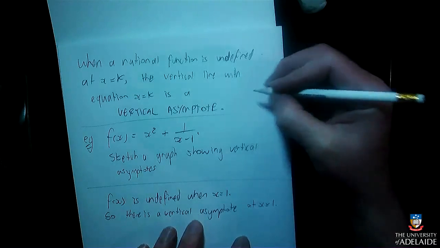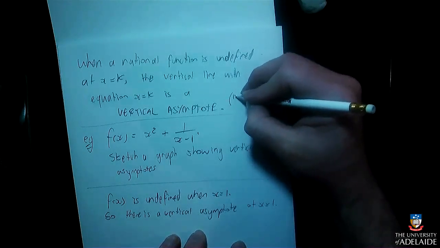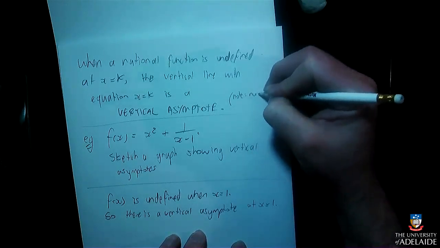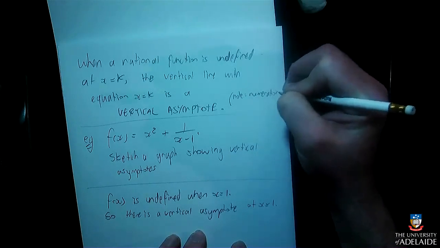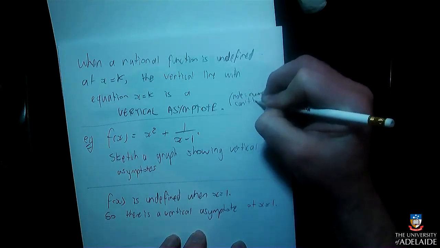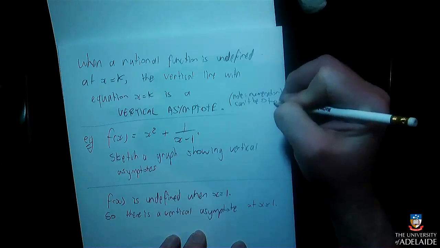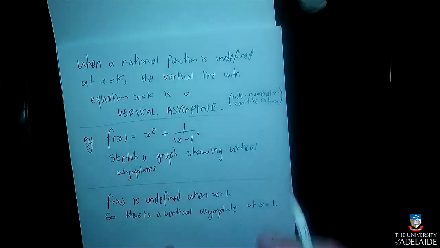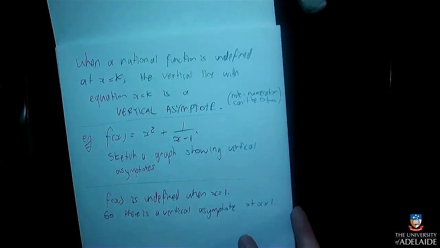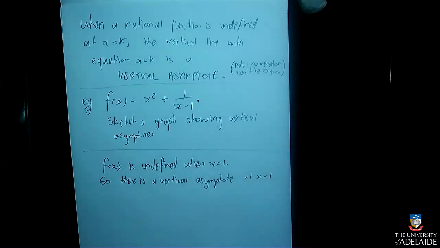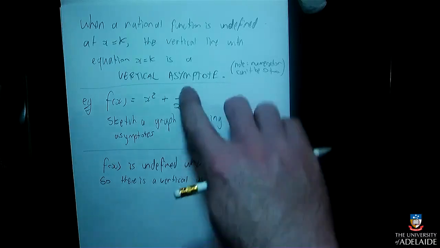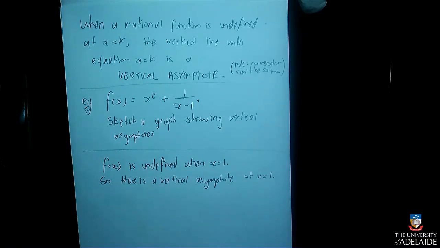So note, if they're both 0, then something else happens. But I don't really want to go into that right now. Okay, but I just felt it was important to say it. So f of x is undefined when x is 1, so there is a vertical asymptote at x equals 1. And the numerator is not 0 at that spot, so there really is a vertical asymptote at x equals 1.